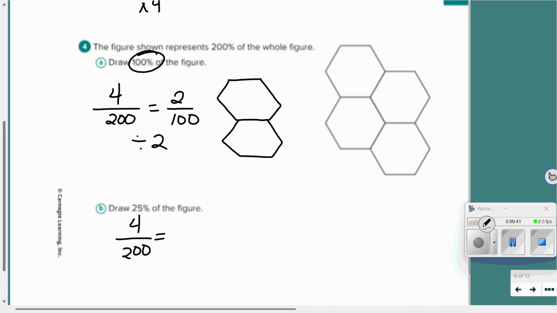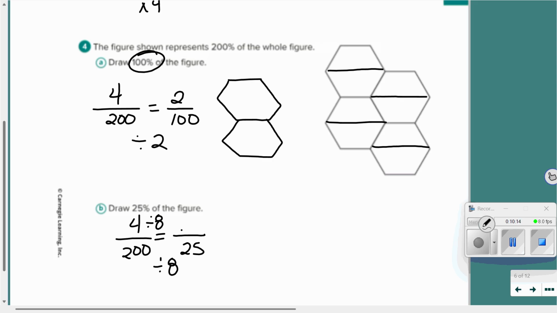How many 25s go into 200? So I'm dividing by 8, yes? So 4 divided by 8 would be? If I take these 4 and I divide them into 8 pieces, what is each part of it?